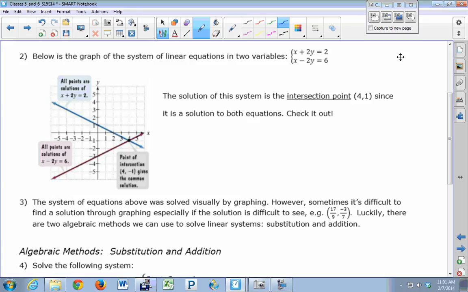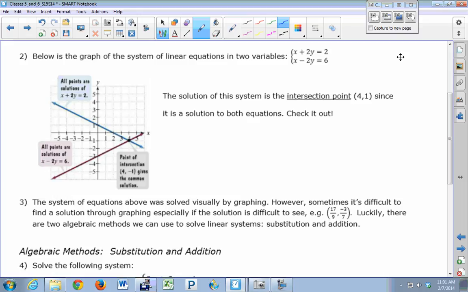So if you were to graph them by plotting a bunch of ordered pairs, x and y, for each line, this first equation, x plus 2y equals 2, is shown by the blue line. And x minus 2y equals 6 is shown by the red line.